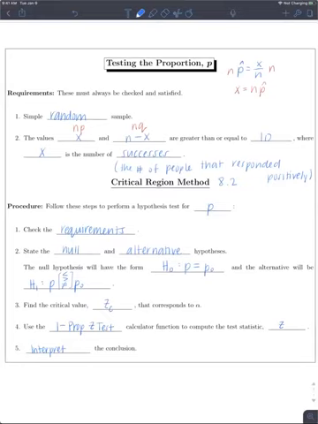So this critical value method is essentially the same as it is for testing the mean. You just have different requirements that you're checking, and your null and alternative hypotheses look different. The p-value method is almost exactly the same, so I'm going to wait a few more seconds and then scroll to that.